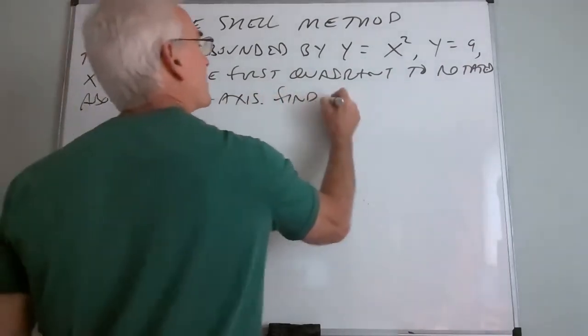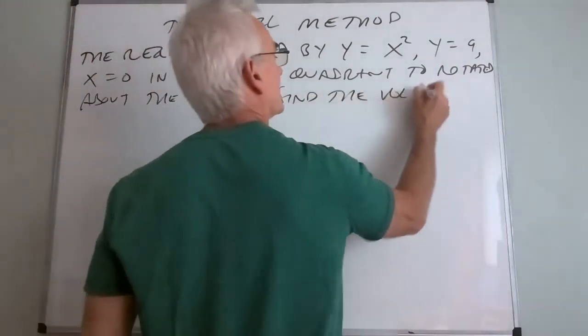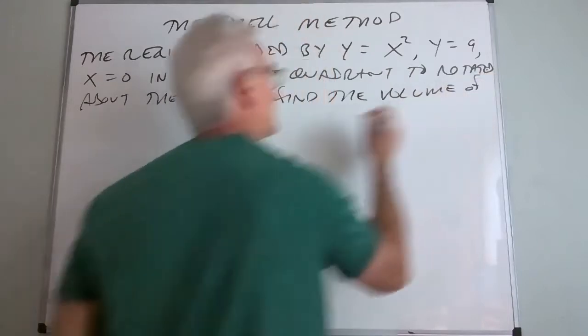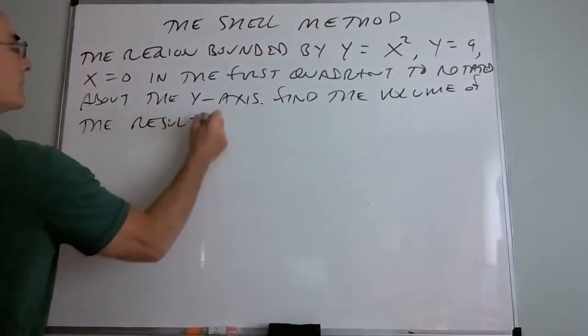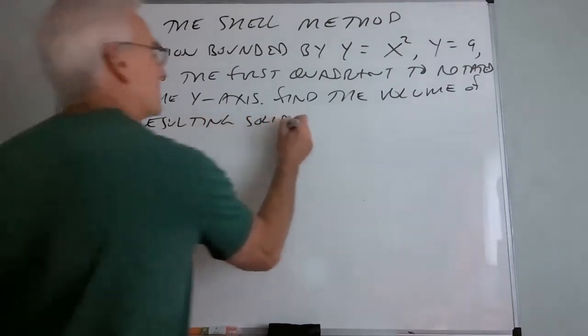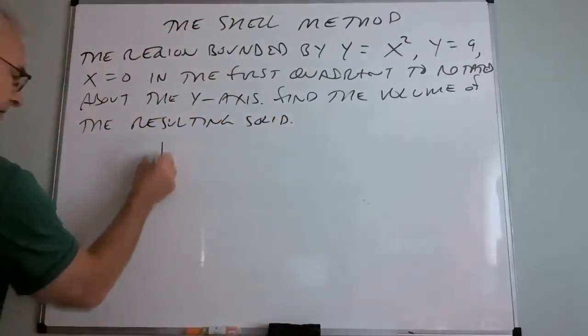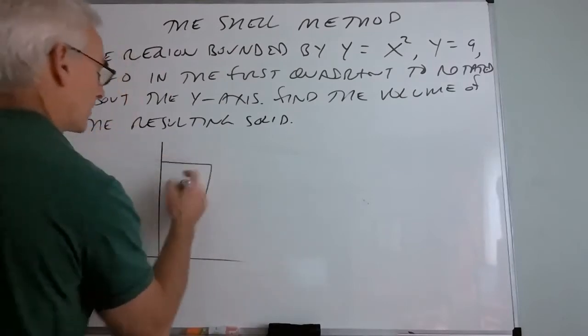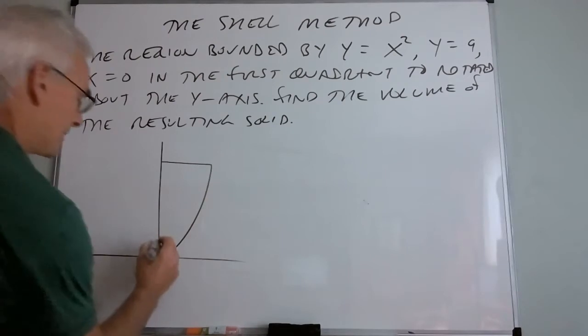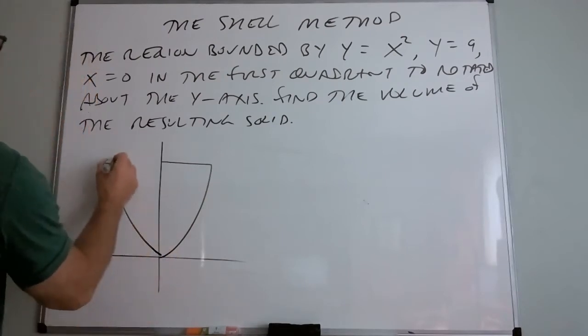Find the volume of the resulting solid. Okay, so what am I asking you to do? I'm asking you to take this region right here and then rotate it about the y-axis.